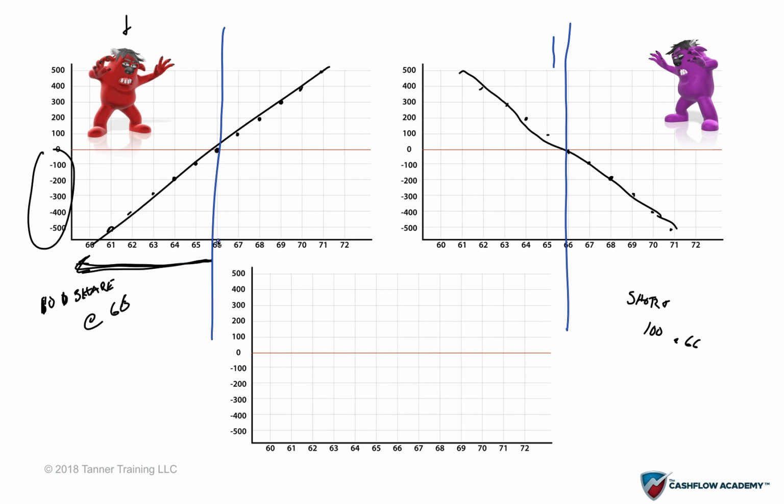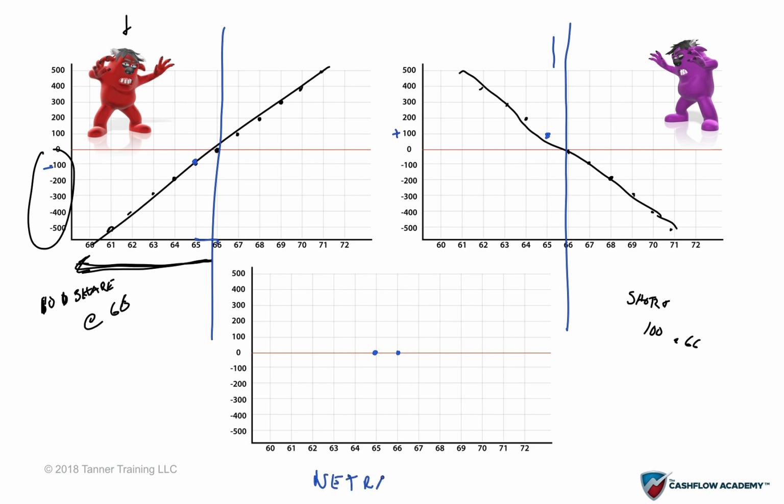If I was long and went from 66 to 65, I'd be down $100 here. But if it went from 66 to 65, I'd be up $100 here. So if I'm up $100 here and down $100 here, these two trades together, where would I be at 66? I'd be 0, and at 65, I'd be 0. In other words, I have a neutral position here.